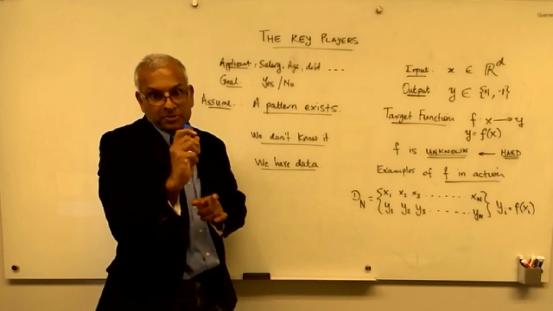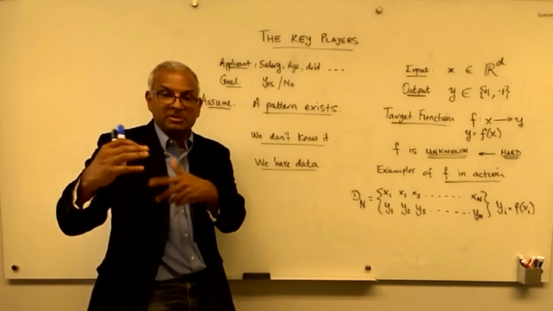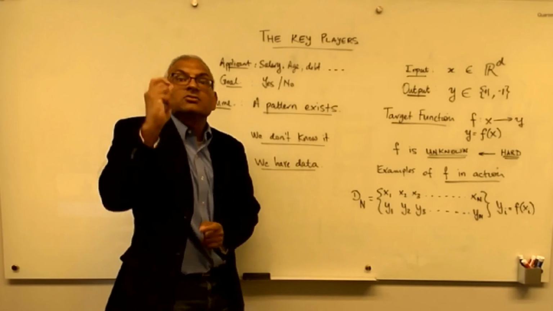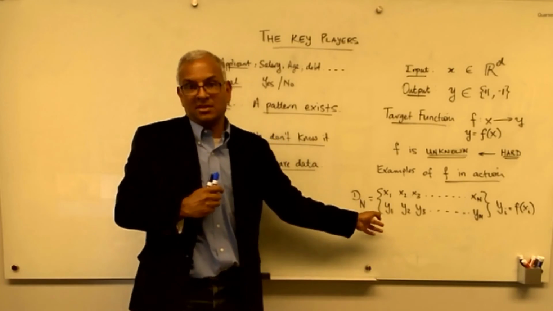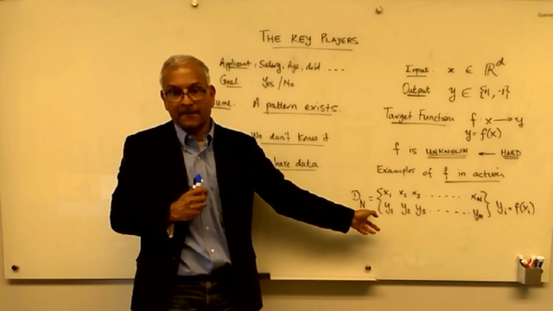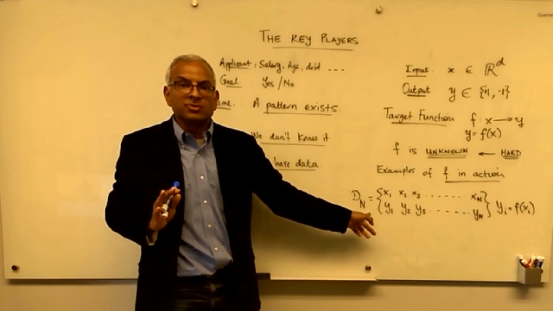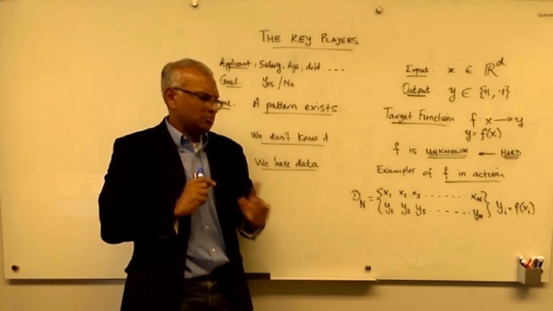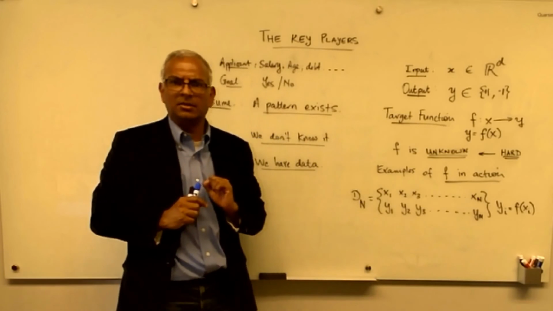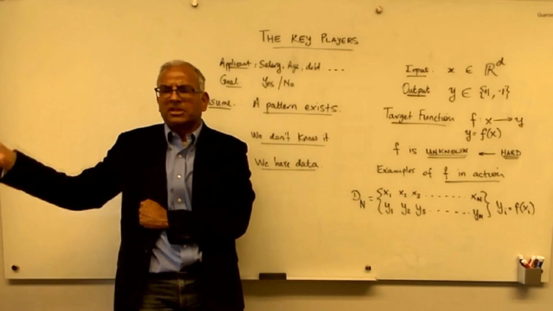And then we say, oops, it doesn't look like we can learn, but then we come back and say, maybe it is possible to learn, and then we build the theory. That's going to dictate some properties that the data set should have. Modulo those properties, it's not my business as the machine learner to know how you got the data. You just need to give me the data satisfying the theoretical properties that I need.